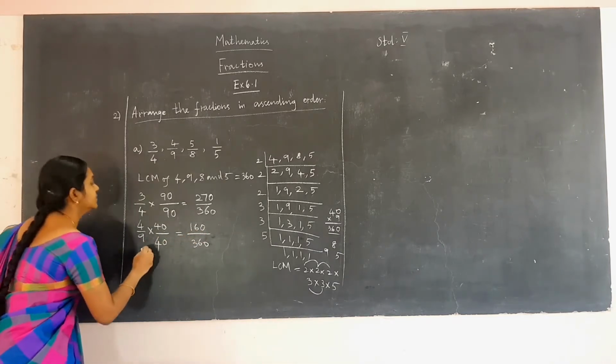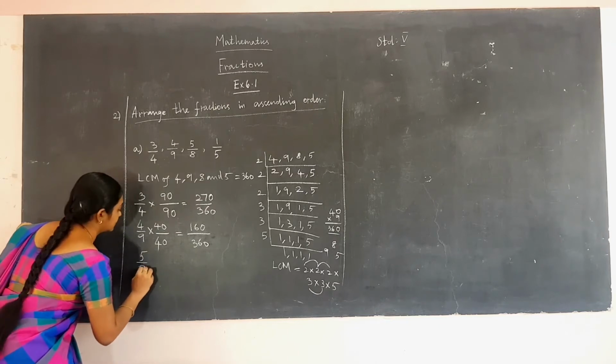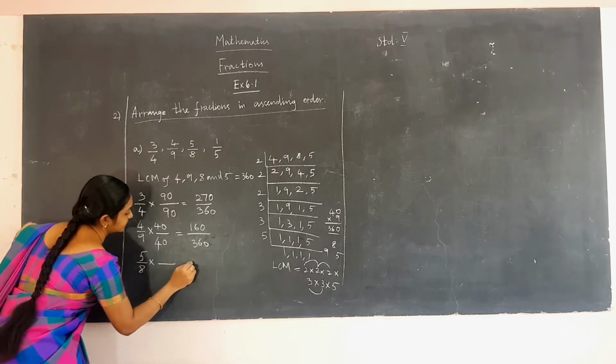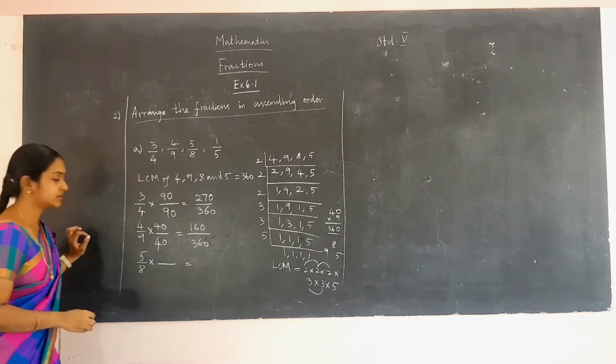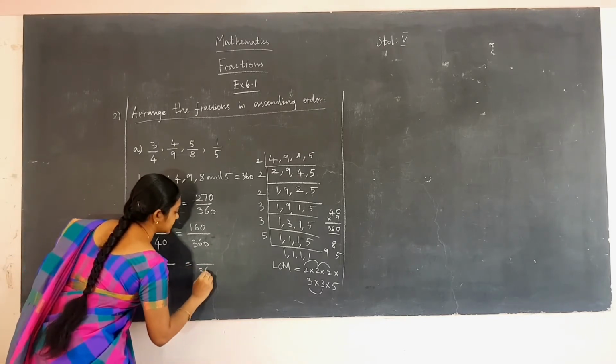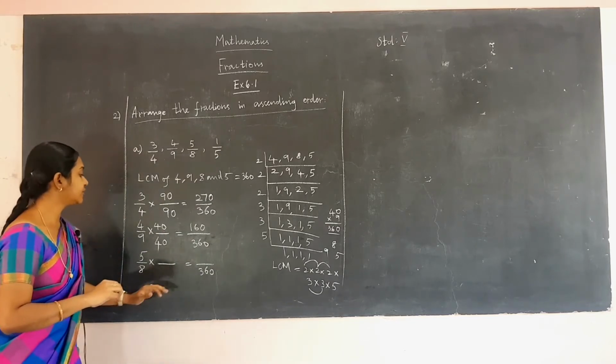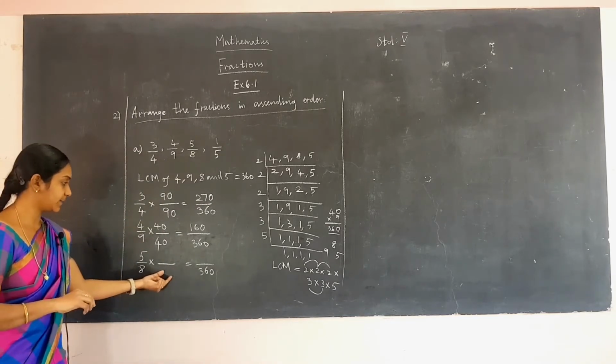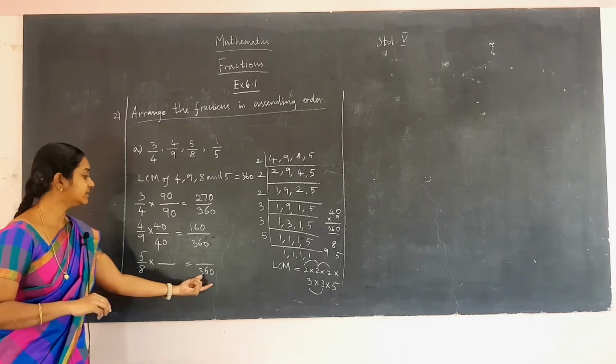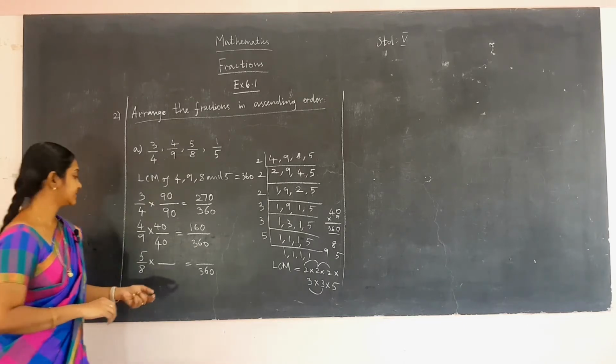Next we are going to convert 5 by 8. We have to multiply with a number to get 360. If we can't find that number, we have to just divide 360 by 8.